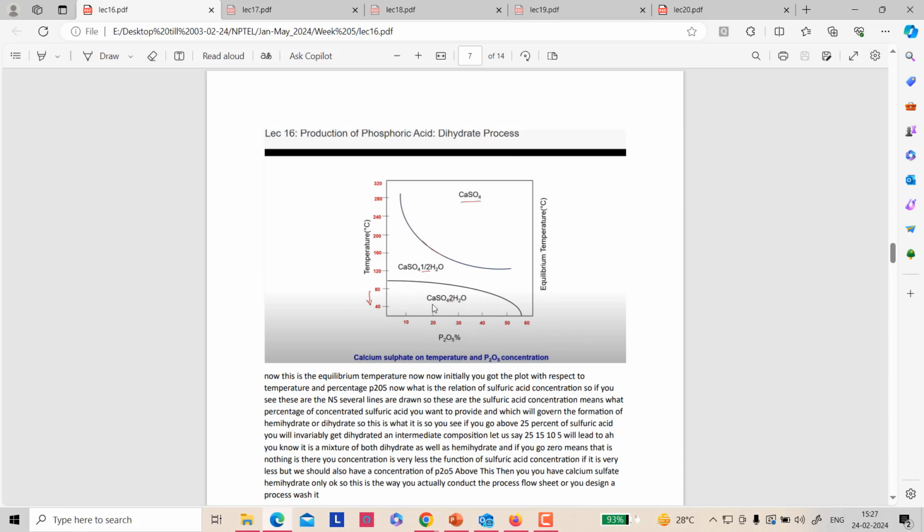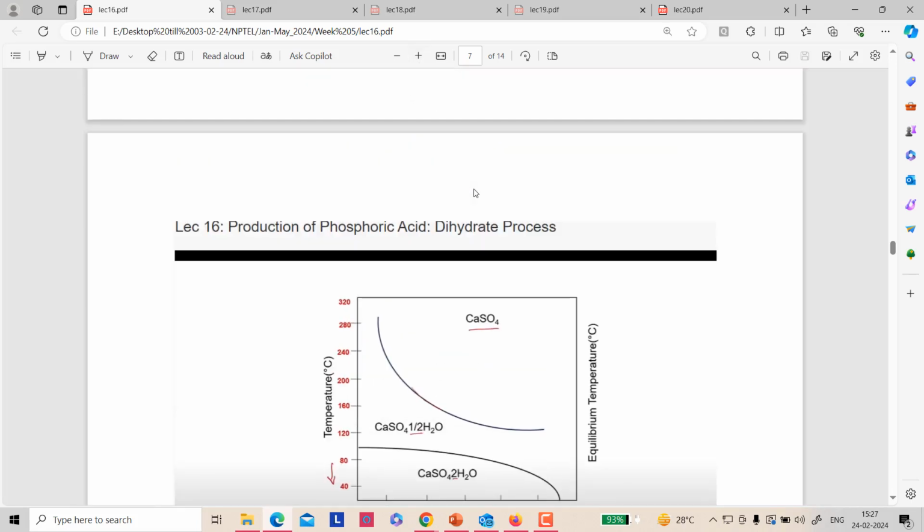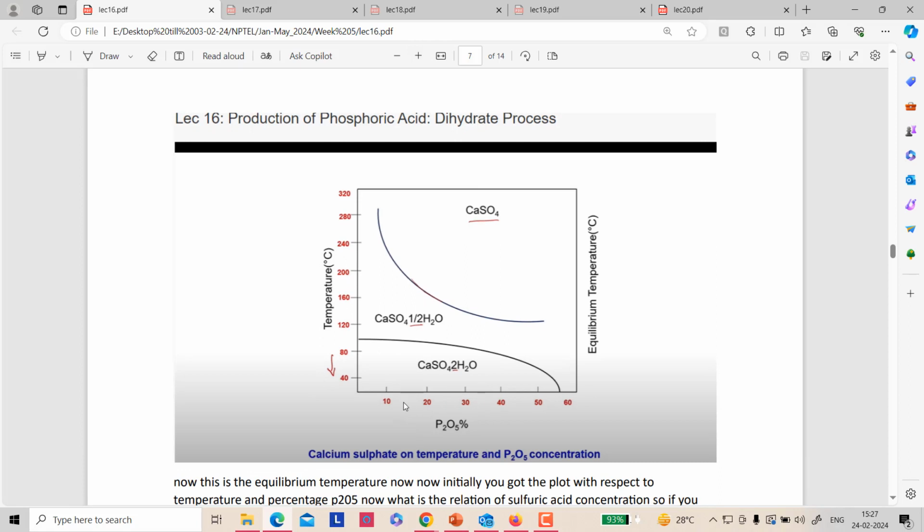Here you are seeing that CaSO4·2H2O occurs at low temperature, that is 40 to 80 degrees centigrade, and its P2O5 concentration is also very low, that is 20 to 30%. But CaSO4·1/2H2O, hemihydrate calcium sulfate, occurs at high temperature, that is the temperature range is 120 to 160. Though the P2O5 concentration is low here, the temperature is high.